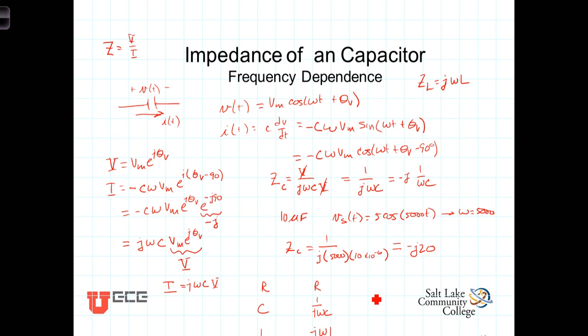We have then that V is equal to I times Z, because we defined Z to be the ratio of phasor V to phasor I.